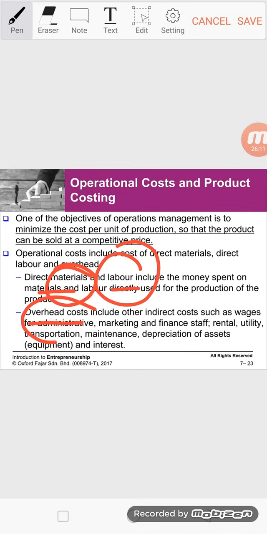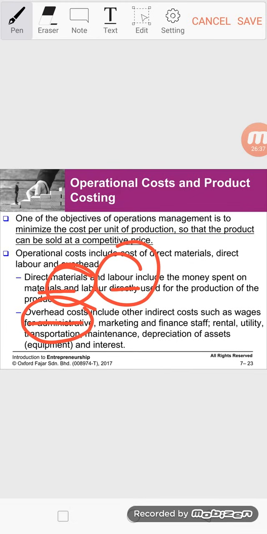However, kita ada juga overhead cost ni adalah contohnya adalah macam pekerja-pekerja yang dia duduk dekat dalam office, ataupun pekerja-pekerja yang dia sebagai engineer yang mana kalau tiba-tiba mesin tu breakdown, dia dah tak boleh nak kacau yeast tu dengan tepung lah, dengan gula ke apa, then engineer ni turun padang. Okay?